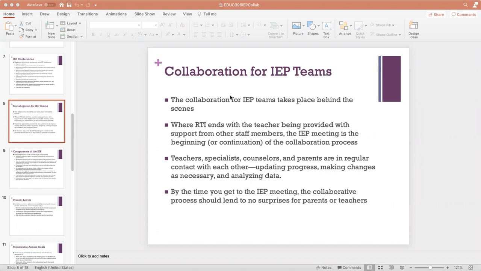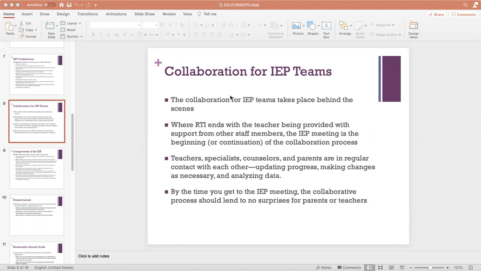When I read that line, which myself or Dr. Darcy wrote a while ago, I realized that it has this implication that it's referring to collaboration for the IEP team relative to the meeting taking place behind the scenes. And that is true. But what's important to understand about the IEP process is it is an ongoing collaboration.